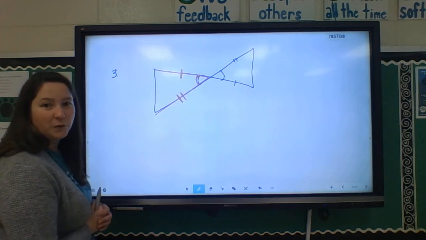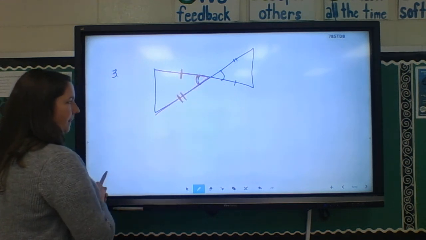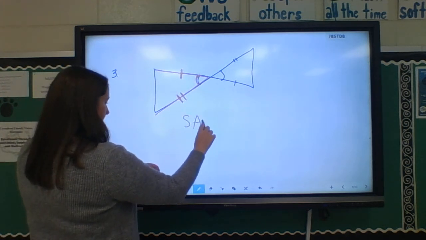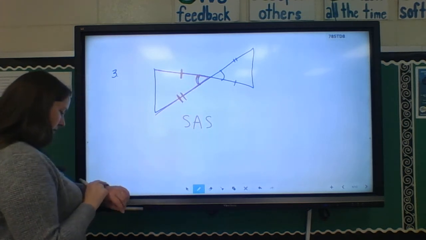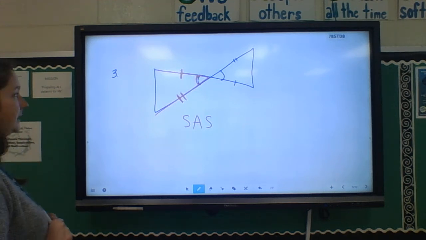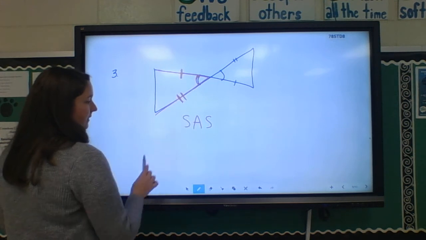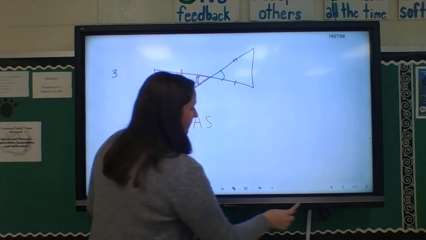See, I told you this is the one that's not drawn to scale because it says these two are equal, but we're going to go with it. So it is side, angle, side. Follows that pattern.